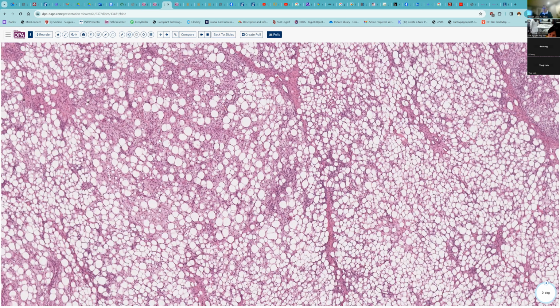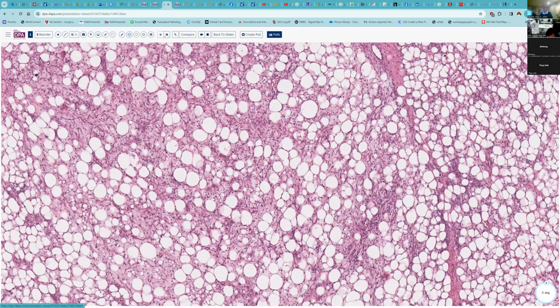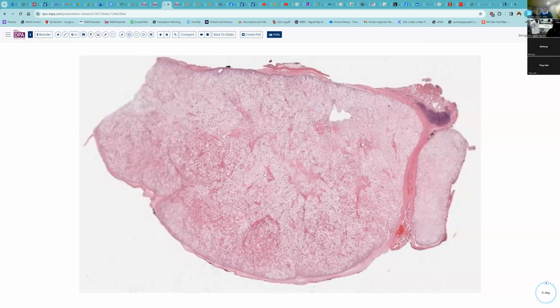So this is lipoblastoma. I've got another example here I can show as well of this tumor, just to give you a little bit of a spectrum. Let's go on for one of the others here.